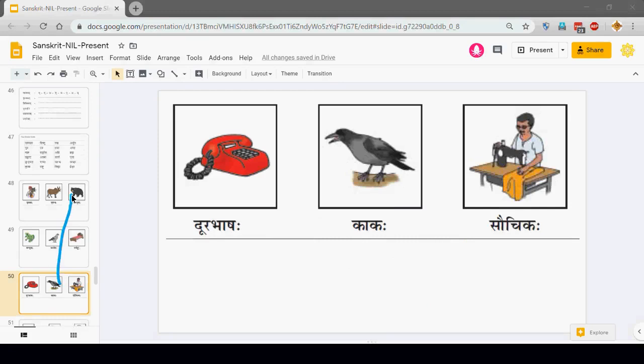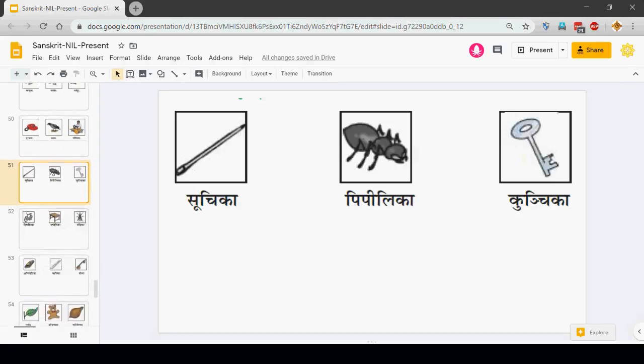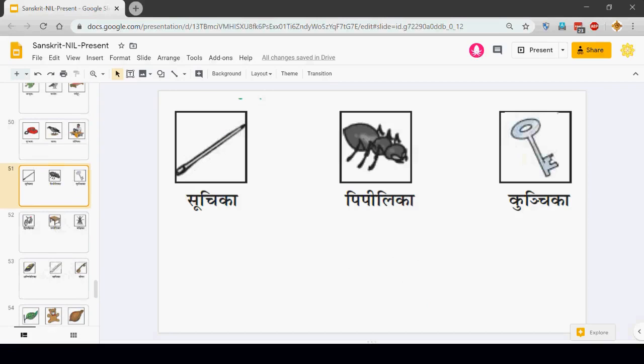So I think we have one more after this. Couple more, yeah, a few more. Yeah, this one. Suchika. Suchika is needle. Next one. Pipilika. Pipilika is ant. Kunchika. Kunchika is key.